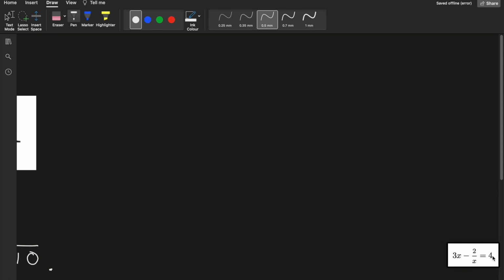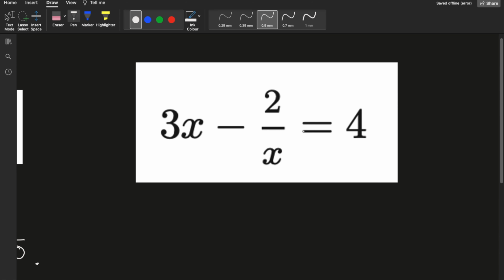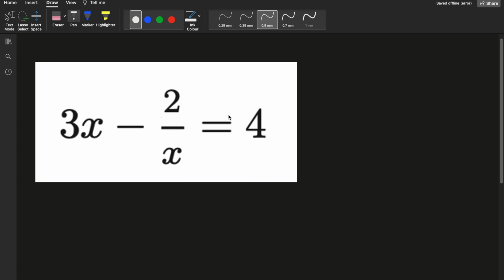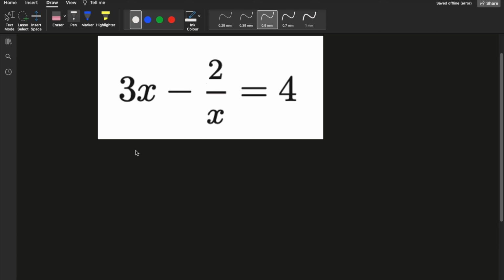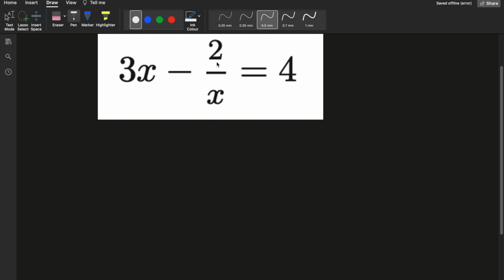This may seem complicated, but it's very easy. So all you'll have to do is multiply the terms by x so that we don't have to deal with this. So what we'll have to do is multiply by x. 3x into x is 3x squared.